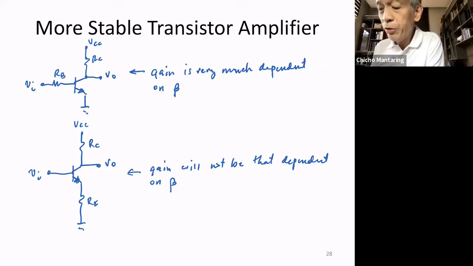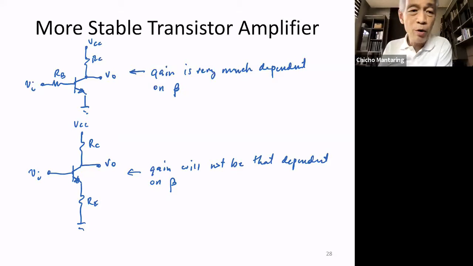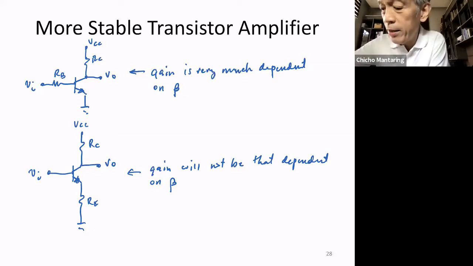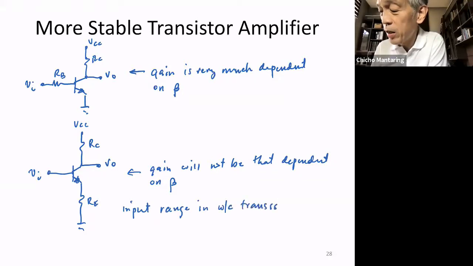I don't think we have to go through an example anymore. Although, okay, let's just do this. What would be the input range in which the transistor stays in the active region?